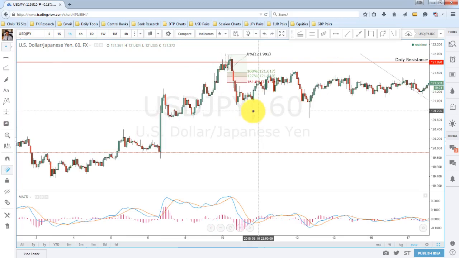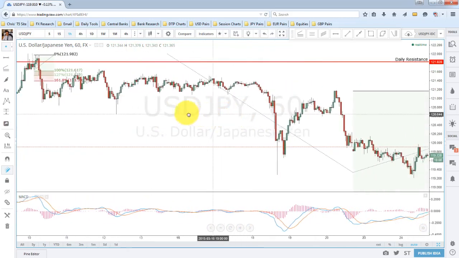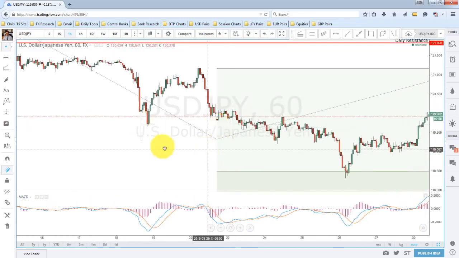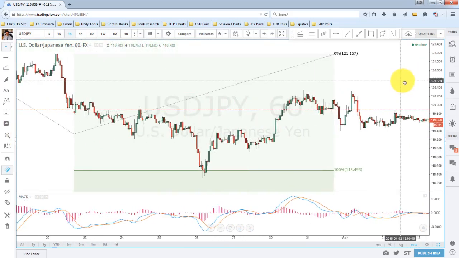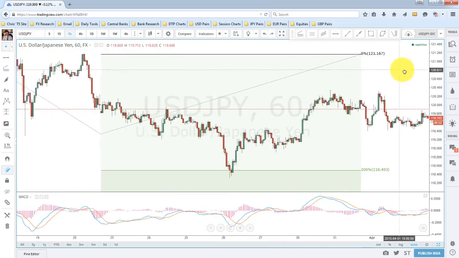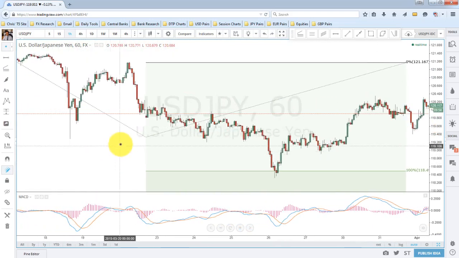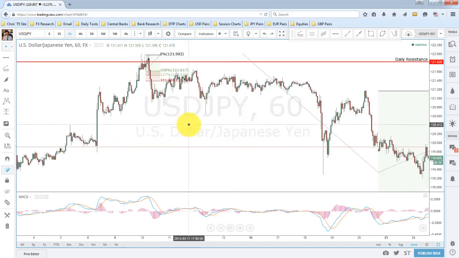And you can see obviously we had quite a bit of downside movement to go after testing that daily resistance.